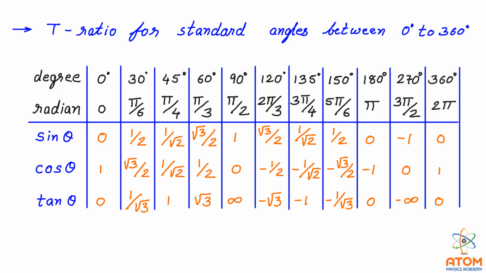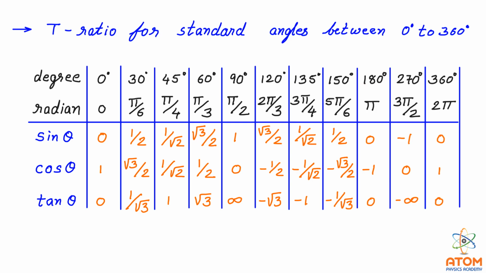Now, one more clue is that the magnitude of every function for the opposite angles is always the same. For example, if we discuss 0 degree, then the opposite angle of 0 degree is 180 degree, because 0 degree is taken in the positive x direction and 180 degree is taken in the negative x direction. So they are opposite angles.